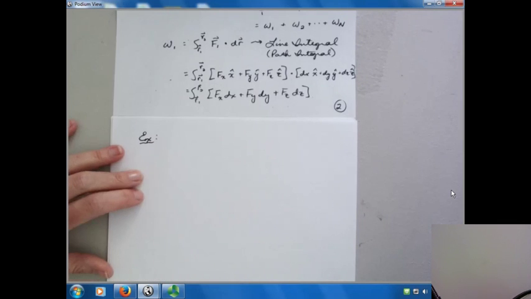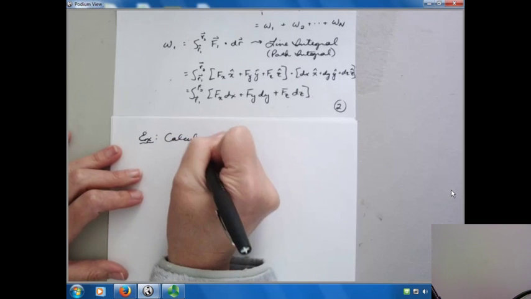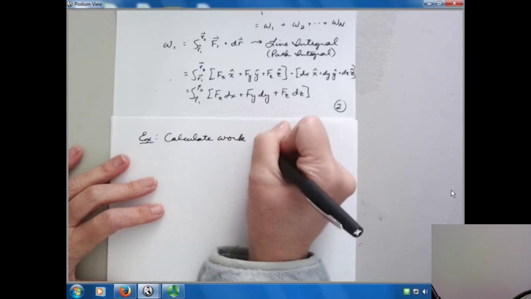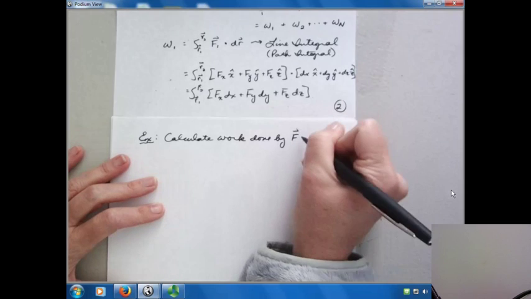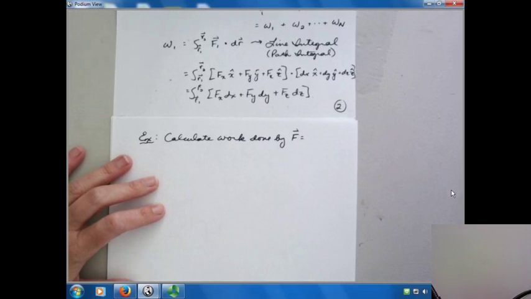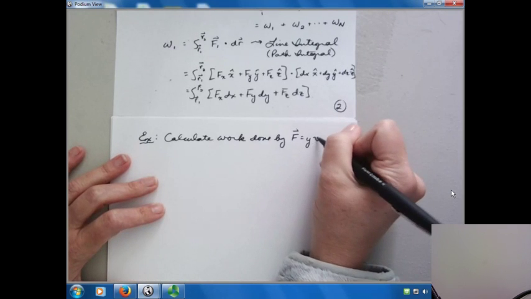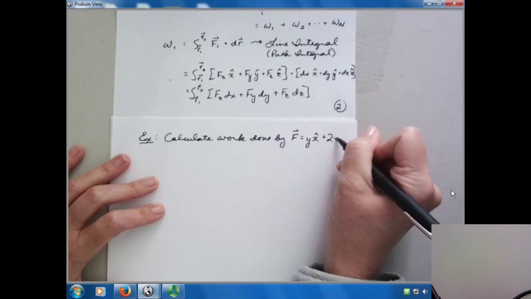In fact, we're going to calculate specifically the work done by a force, and my force is going to have a specific form that's a function of location, so we're just going to choose a random function of location. We're going to have y times x hat plus 2x times y hat.